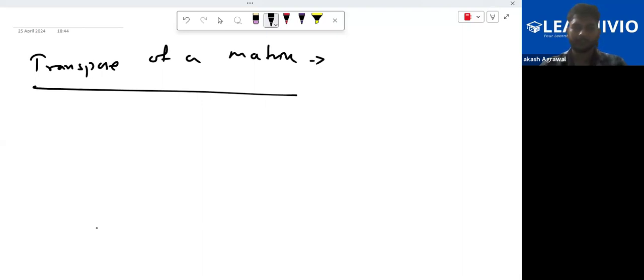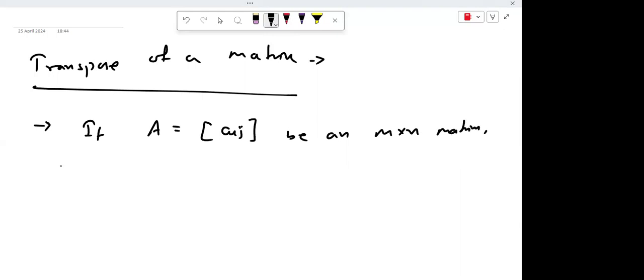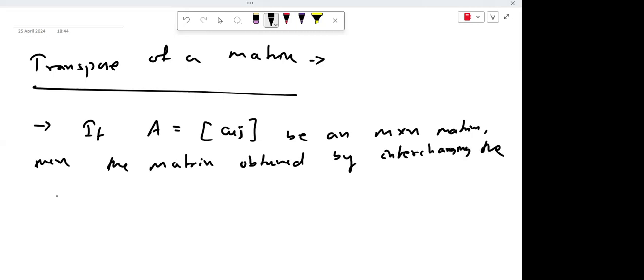Write down the definition: if A equals Aij is an m by n matrix, then the matrix obtained by interchanging the rows and columns of A is called the transpose of A.